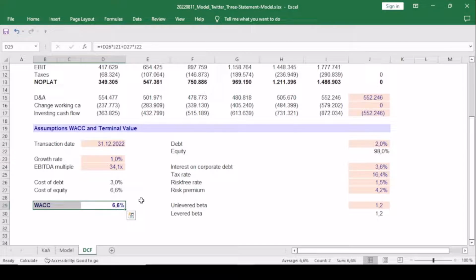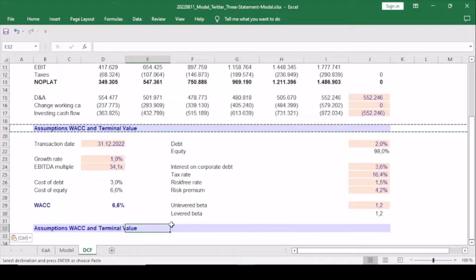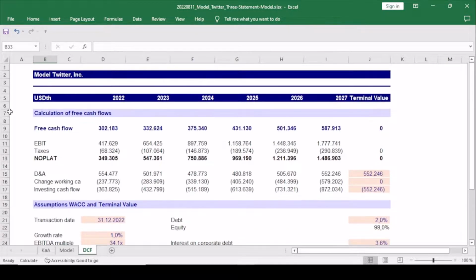So after we calculated WACC, we can now proceed to calculate the present values of our unlevered cash flows.